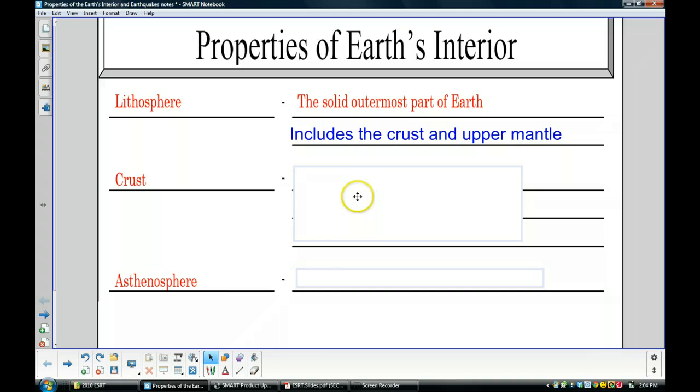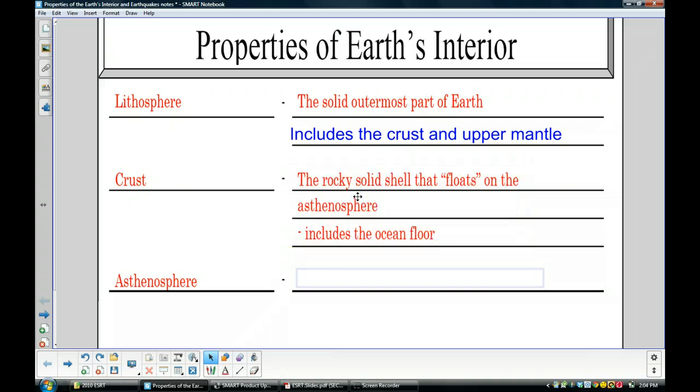So when we look at just the crust, it's the solid shell that floats on top of what's called the asthenosphere. The asthenosphere is the semi-plasticky portion of the mantle, the upper part of the mantle. So the lithosphere includes the crust and part of the mantle.